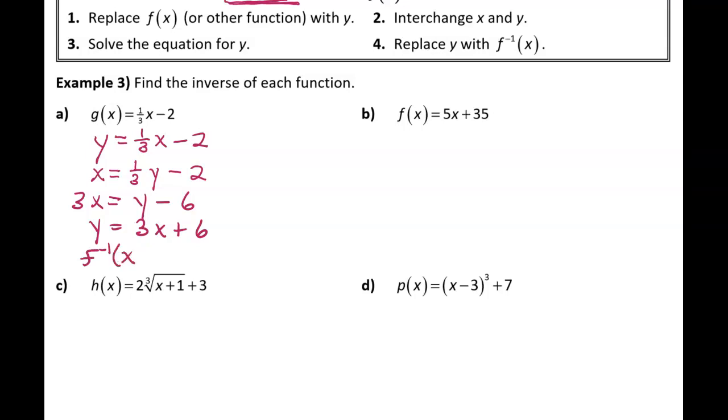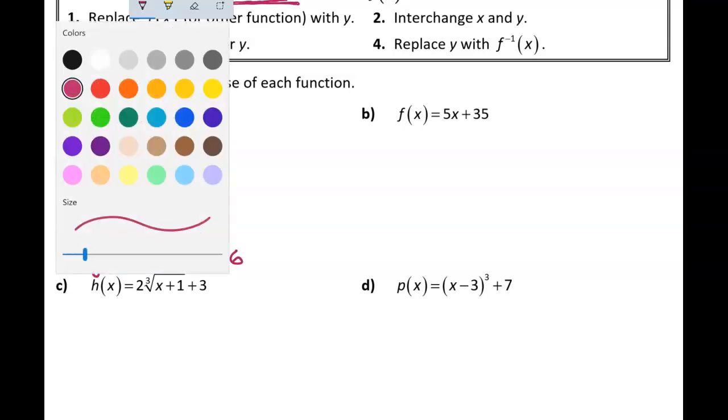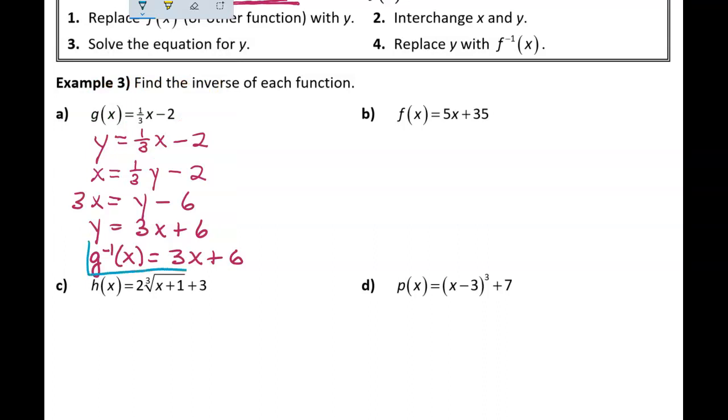We're going to replace y with the inverse of the function we originally started with. I started to replace it with f inverse, but then I remembered that the original function is g, so the inverse function should be called g inverse. So there's our final answer. g inverse of x is equal to 3x plus 6.